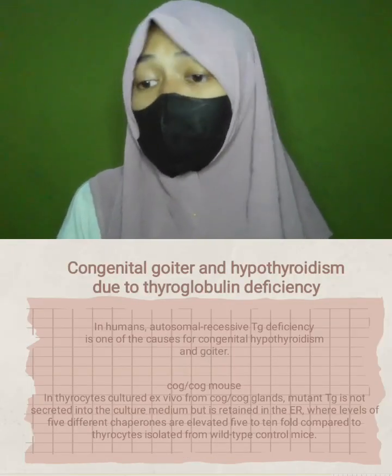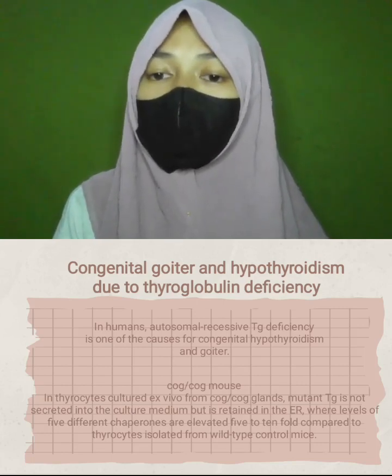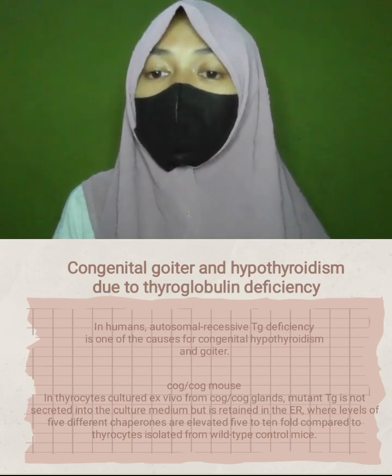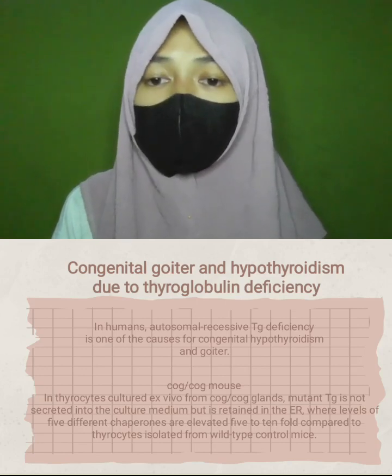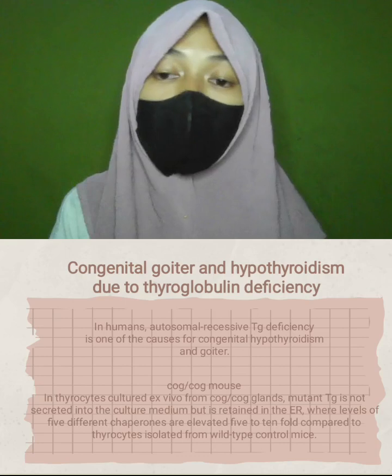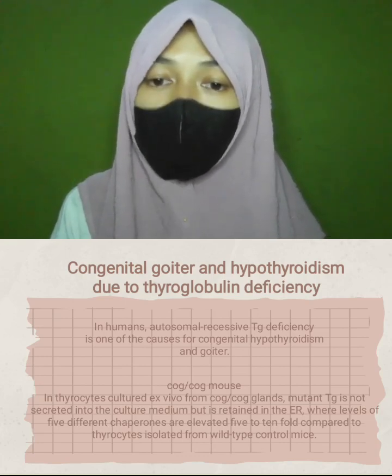The ER chaperones BiP, GRP94, and calnexin have all been shown to interact with TG during the normal folding process. In humans, autosomal recessive TG deficiency is one of the causes of congenital hypothyroidism and goiter. The molecular pathogenesis of this disorder has been studied in an animal model, the so-called cog mouse.